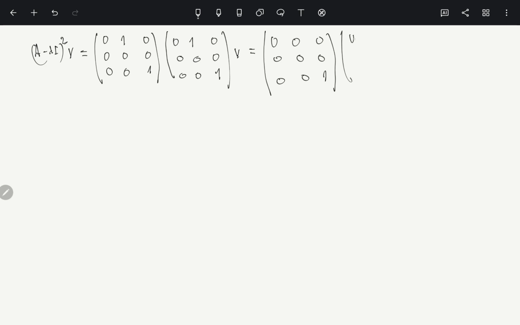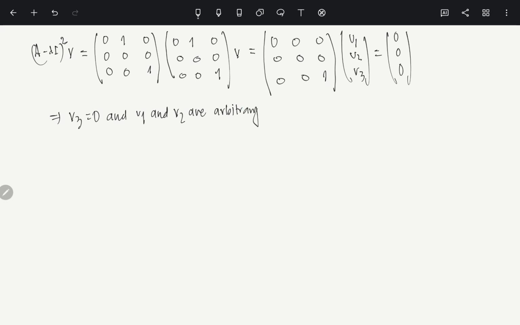Times V1, V2, V3 is nothing but 0, 0 and 0. Clear? So this will imply that V3 equals 0 and V1 and V2 are arbitrary. You can choose whatever you want.